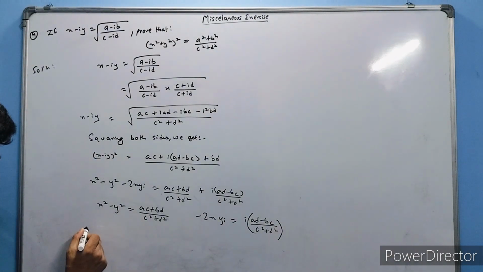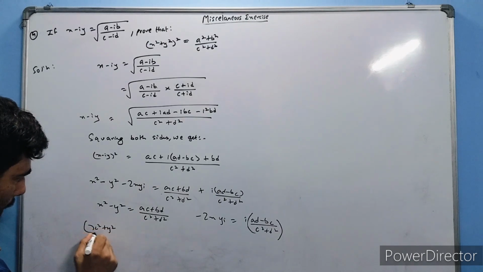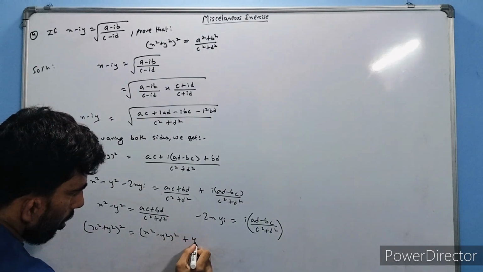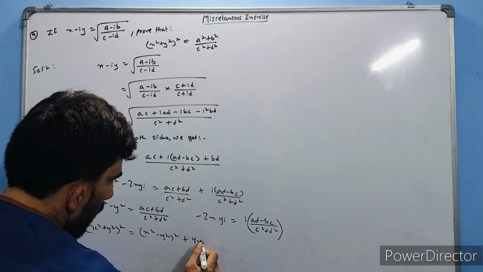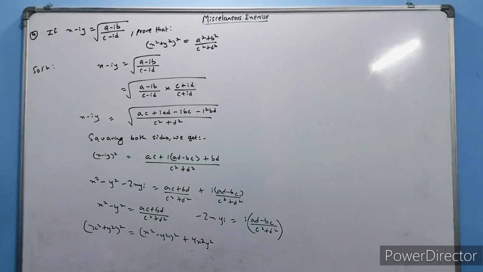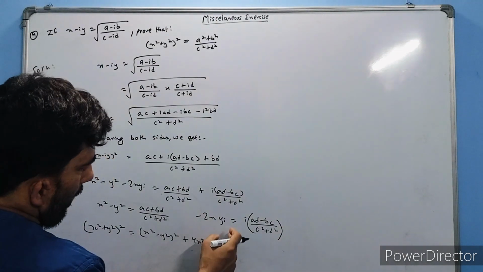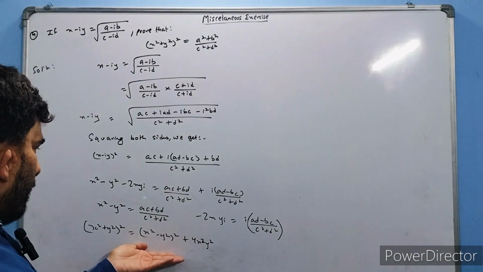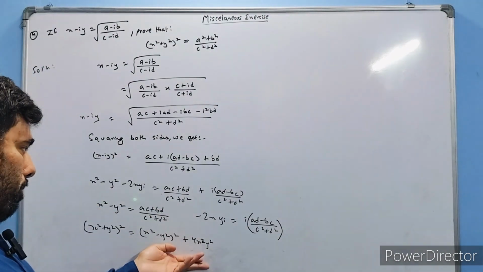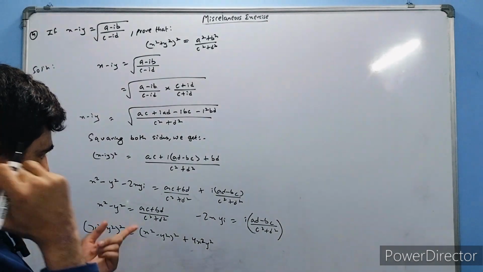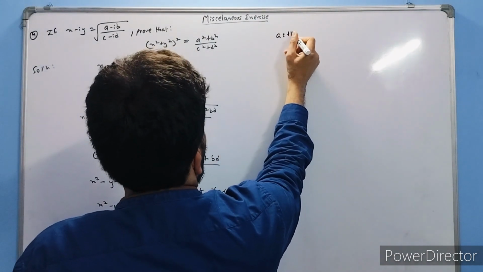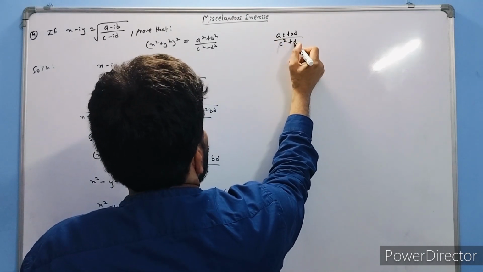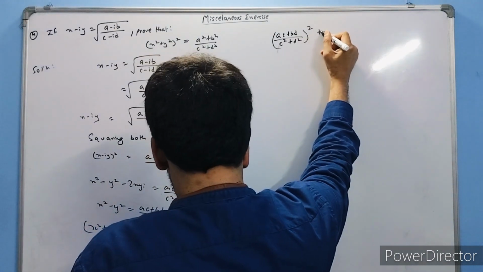We know the formula here that x square plus y square whole square will be x square minus y square whole square plus 4 we have x square y square. Okay, because we know that if we square this we will get this only, x will be minus 1, so it will be this. So we have this. Now what we can do, we can put the values here itself by squaring, no? So we'll write here ac plus bd upon c square plus d square whole square plus I have 4.